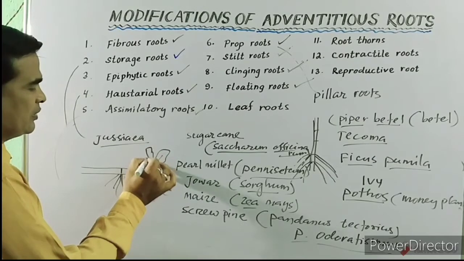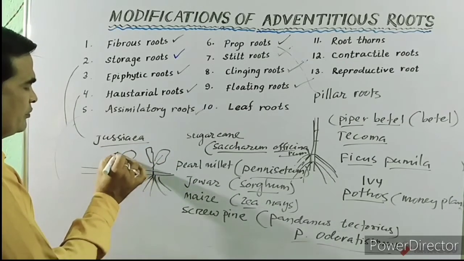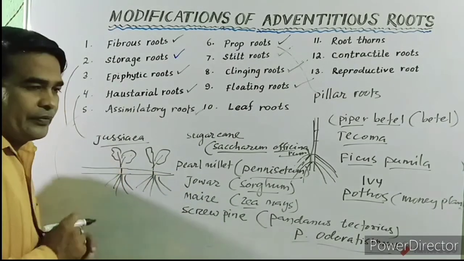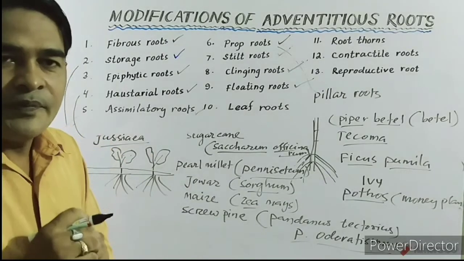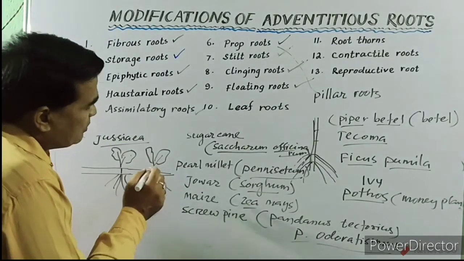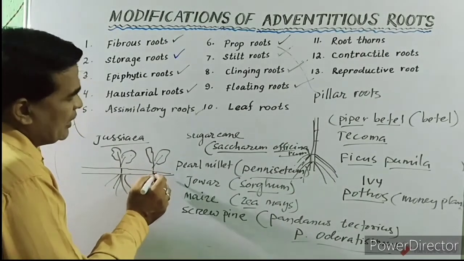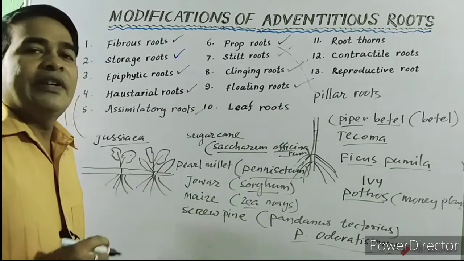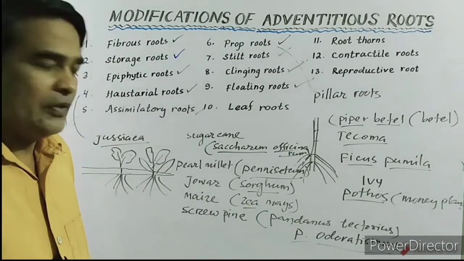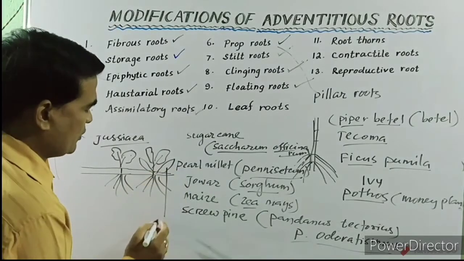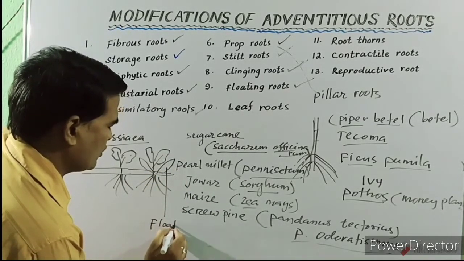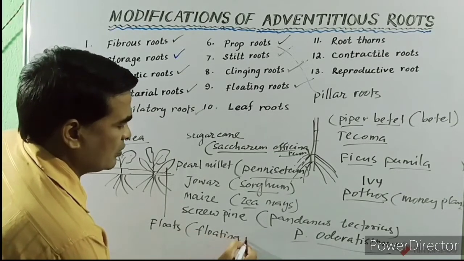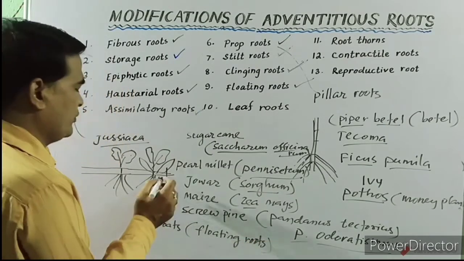Leaves are present. Okay, and out of these roots, some act as balancer, and some roots become inflated, spongy, and provide buoyancy to the plant for floating in water. Okay, these are the floating roots.